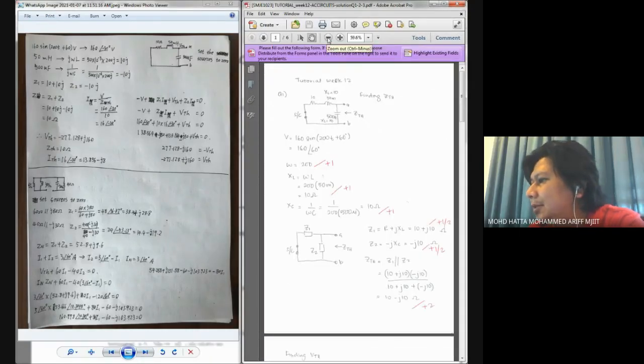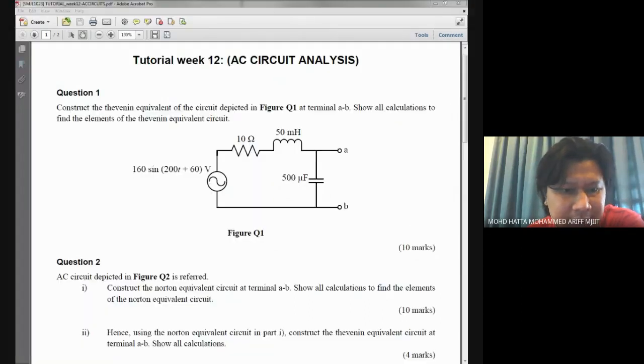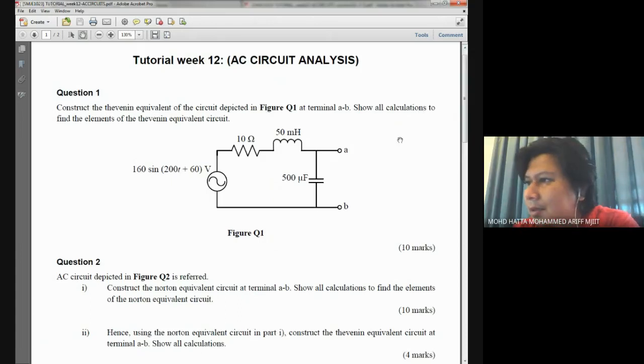Okay. This is what I have for the solution. In general, before we get into the solution, we have a look at the question first. In general, the question here, we have to build a Thevenin equivalent circuit, and the marks allocated for this question is normally around 10 marks.